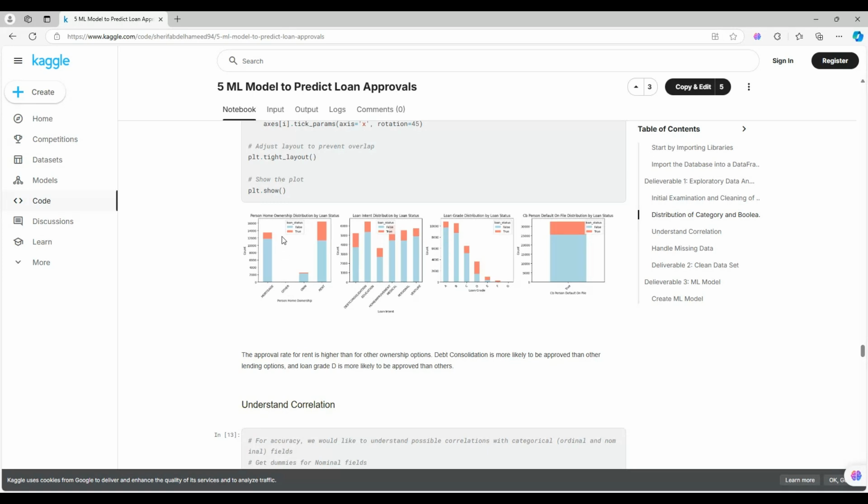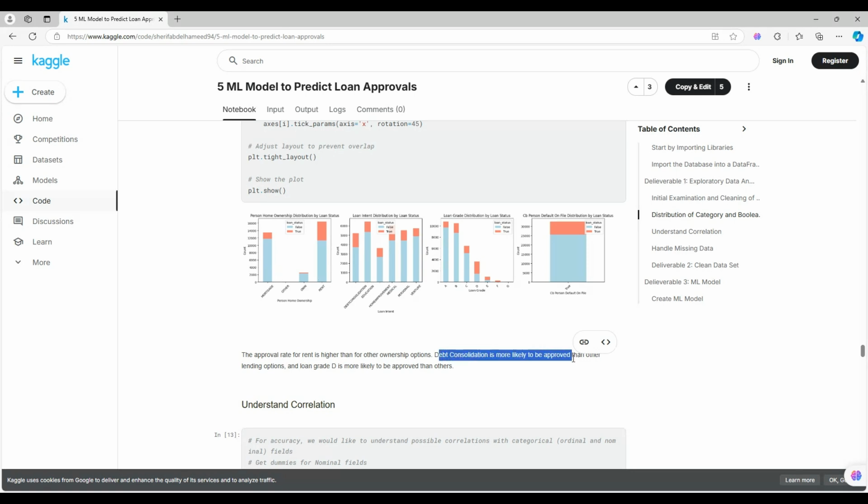And then we have here the distribution of the categorical and the distribution of the Boolean data. What we can conclude is that the approval rate for rent is higher than for other ownership options. We can see that reflected here. The true values are a large majority, the highest percentage out of all the columns.